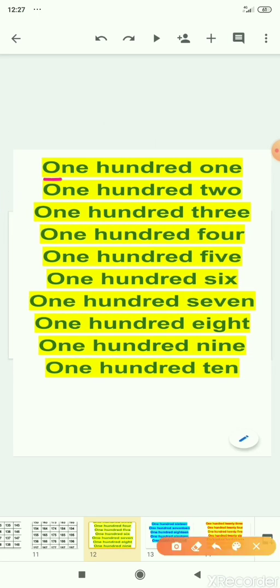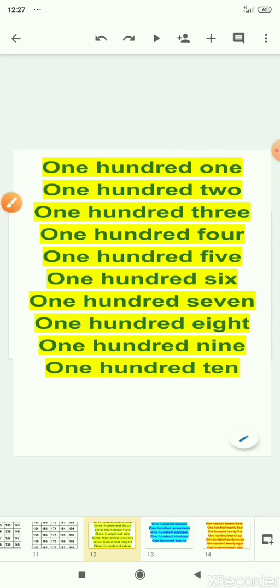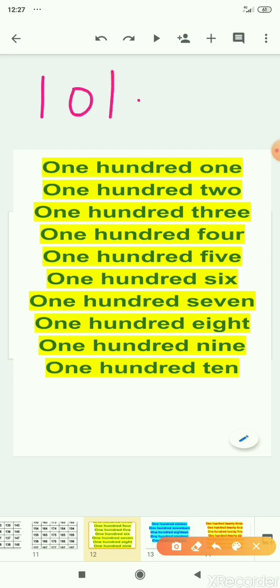Here you are familiar with the spellings from 1 to 10. Only the spelling of 100 is new, or not new, but it comes only the first time in the prior work. So here we have spellings from 101 to 110.